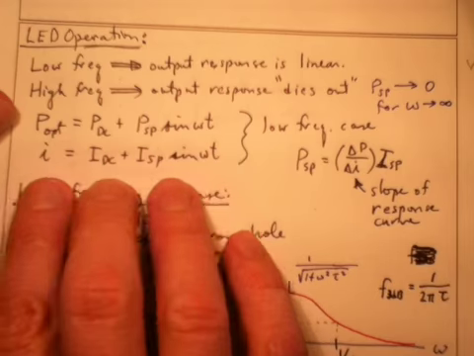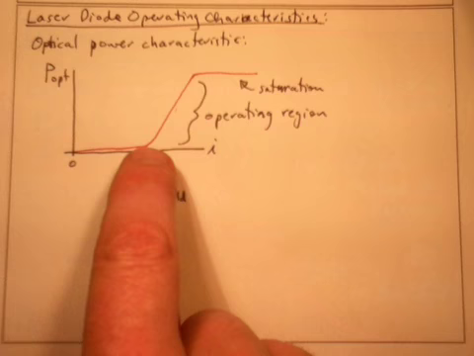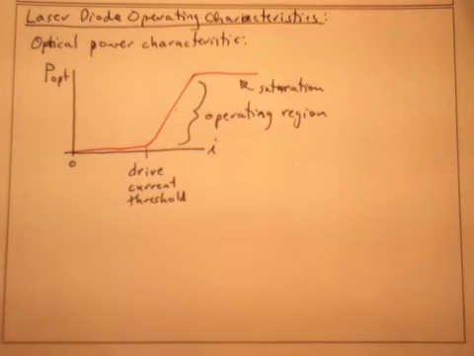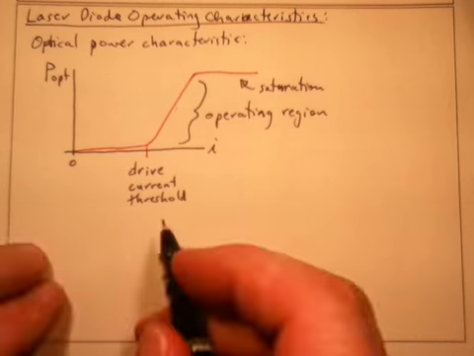But the whole thing is offset by this drive current threshold. The equations are more complicated, and we don't really have to worry about them too much. What you should know is that we do have a drive current threshold, and that's associated with the threshold in the gain medium.